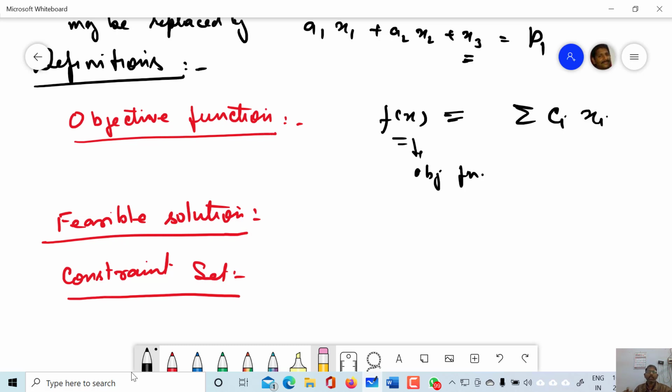Likewise, I have given the example of the knapsack problem. In that case, the constraint was the maximum capacity of the knapsack. So based on that constraint, the maximum profit of the knapsack was limited. Okay, so this is the constraint set.